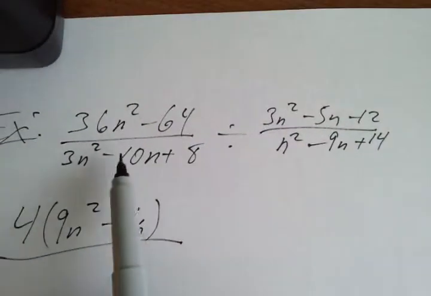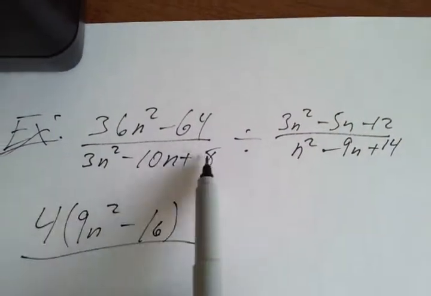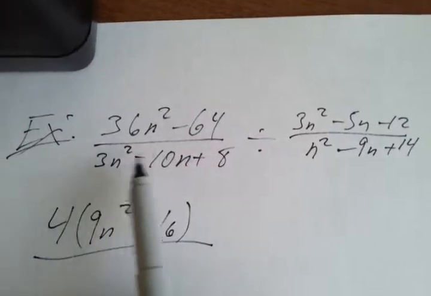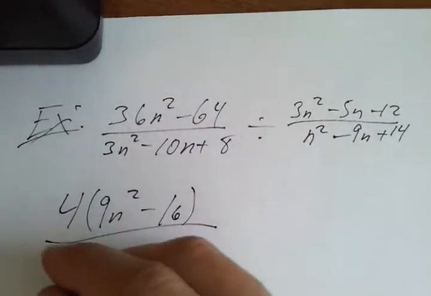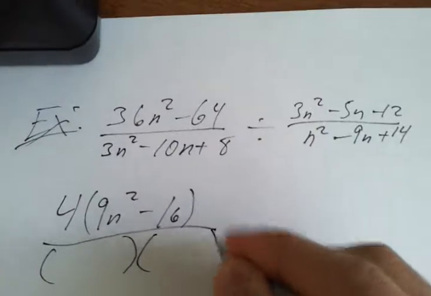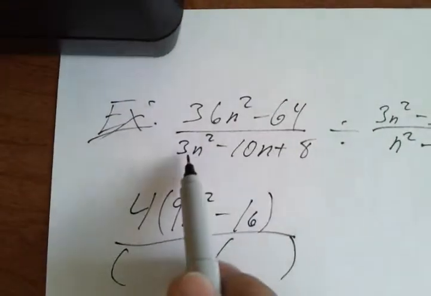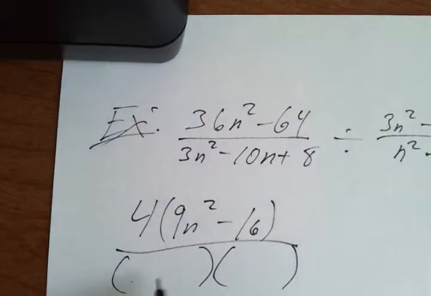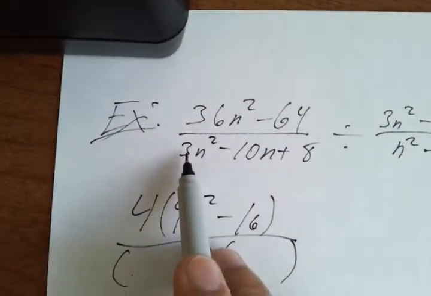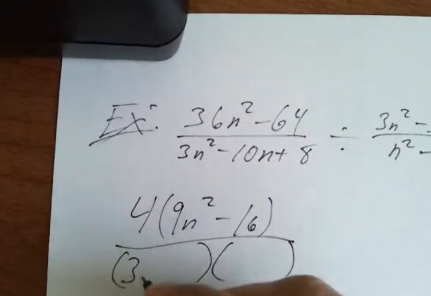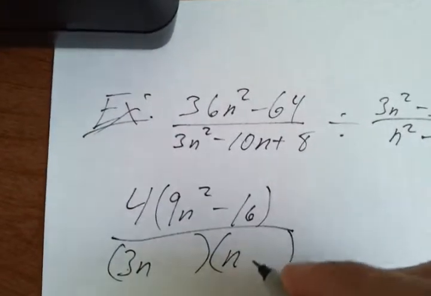And now we want to work on factoring this polynomial. It's a trinomial, so that means it has two factors. To find the first part for each of these, they have to multiply to give us 3n squared. So it must be 3n and n.